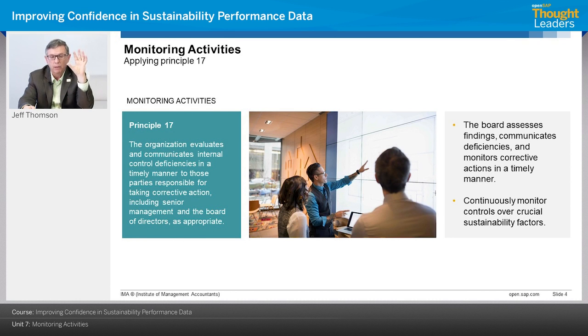So the board is critical in this activity. The board obviously is the recipient of usually higher level material weaknesses or significant deficiencies. So if you have an external audit done, which of course all publicly traded companies do, IMA, a 501(c) nonprofit, also has an external audit.